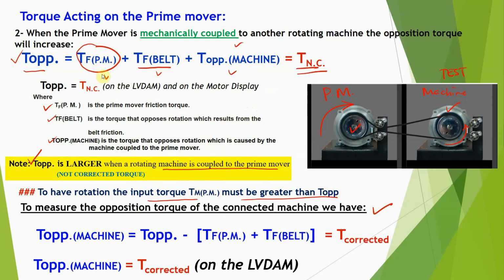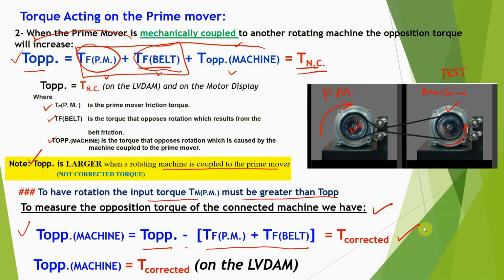So T opposition, again from this equation, T opposition of the machine is equal to T opposition minus, so just this part of the equation here, we will just put it in the other side, so it will become negative, minus TF prime mover plus TF belt, and this is what you call torque corrected, right?